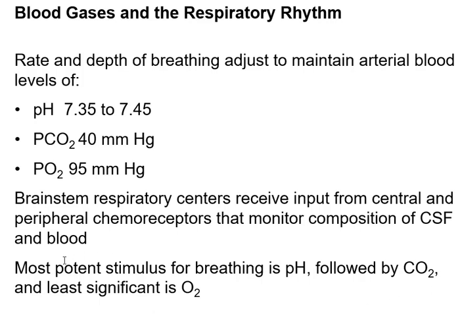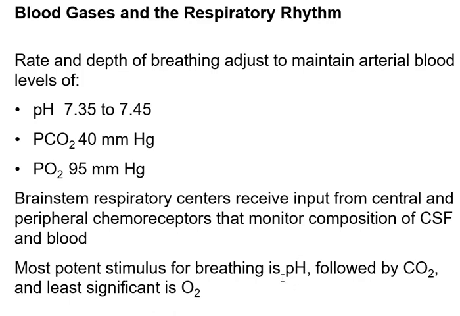So the important sentence in the next slide is the most potent stimulus for breathing is the pH. So remember, when you breathe, you're not only bringing in oxygen, that's what we think about, but you're getting rid of carbon dioxide. So you're changing the pH of your blood by exhaling carbon dioxide, which then takes the carbonic acid out of your blood.